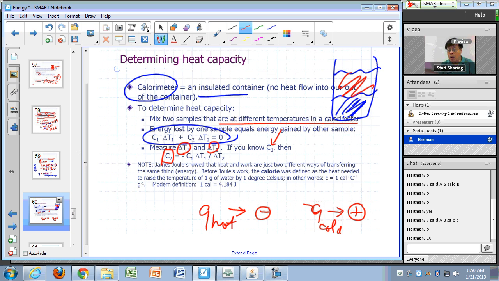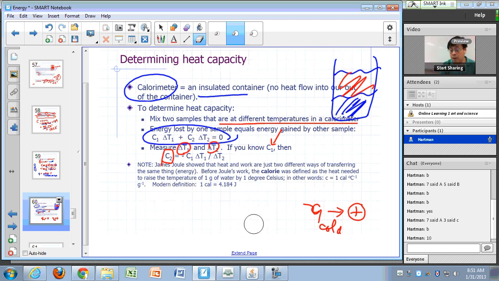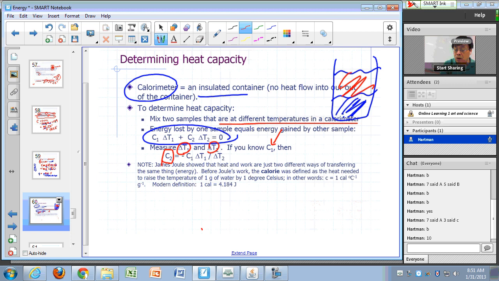Originally, before it was known that heat and work were just two different ways of transferring the same thing, before joules, the heat capacity was defined to be 1 calorie per gram per degree for water. The calorie we now know in fact is equivalent to 4.184 joules.